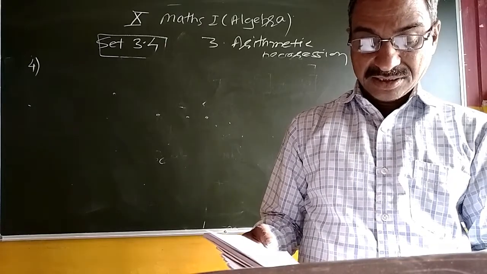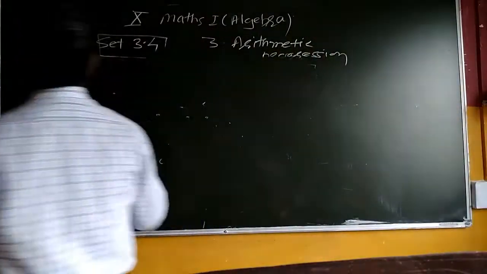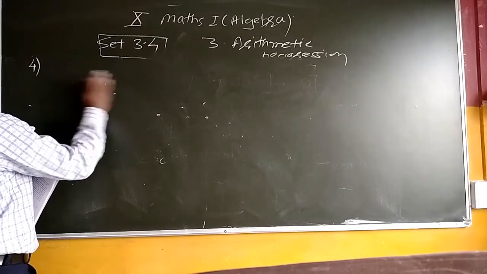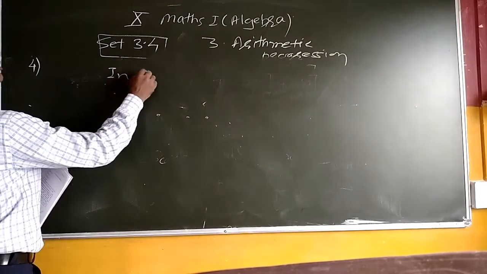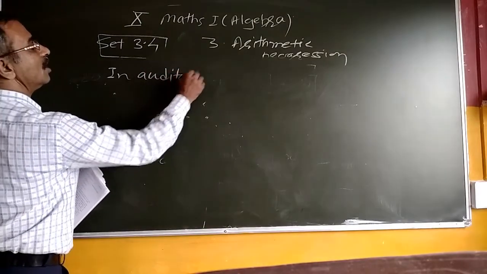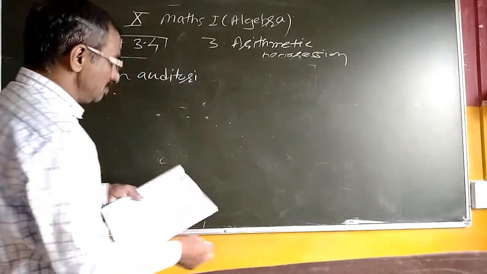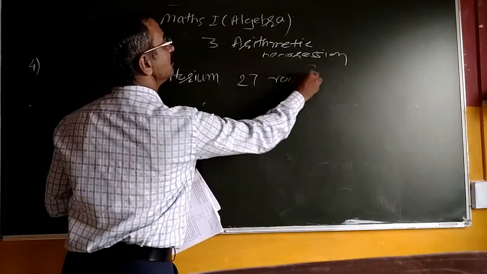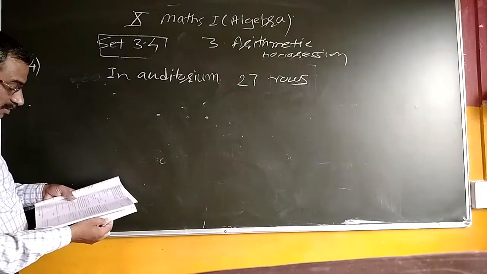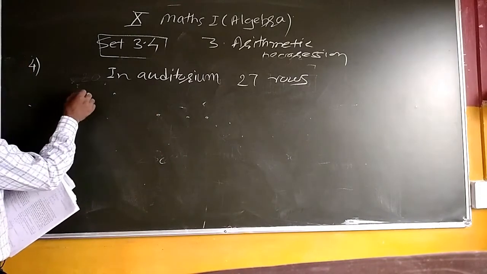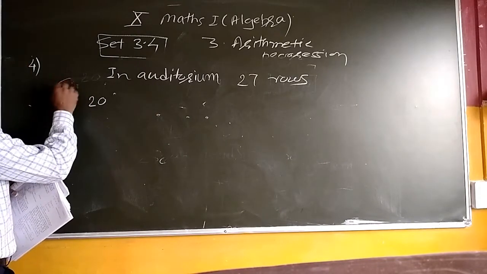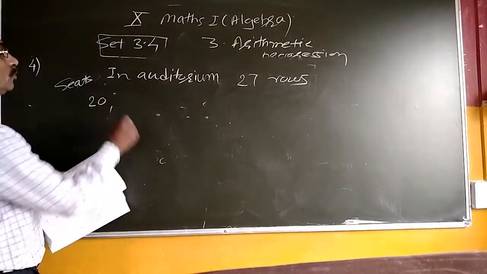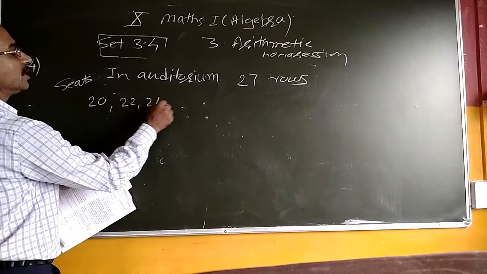So in the auditorium there are 27 rows, and in the first row there are 20 seats. Then 22, then 24, and so on.